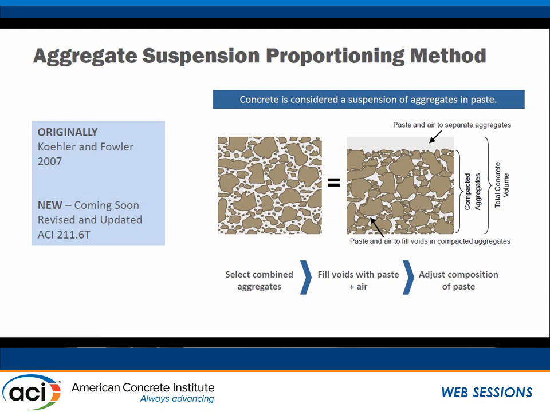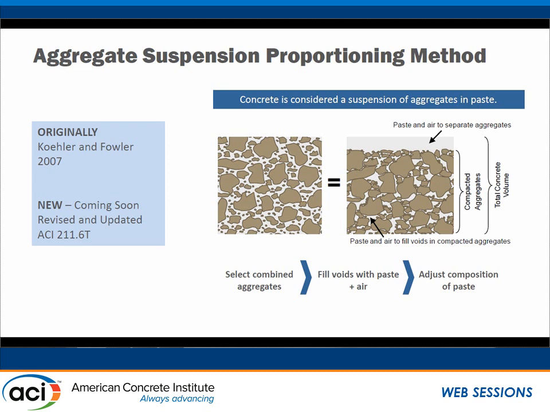So to put all this together, look at the aggregate suspension proportioning method, which was originally something I was involved in. It's just now been balloted and has passed ACI 211. It will be published as a tech note, 211.6T, and it puts all this together in a concrete proportioning method.